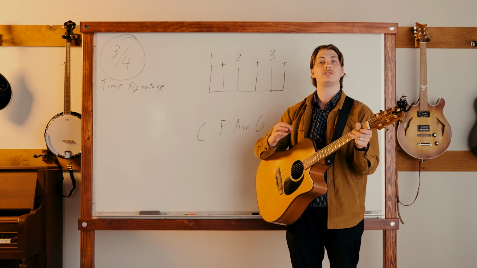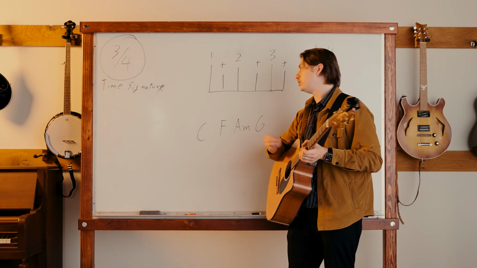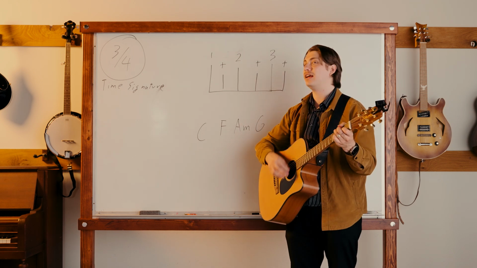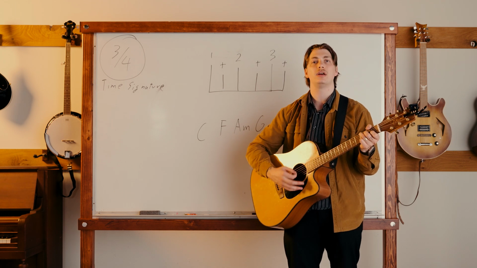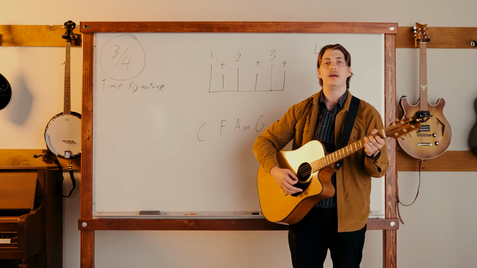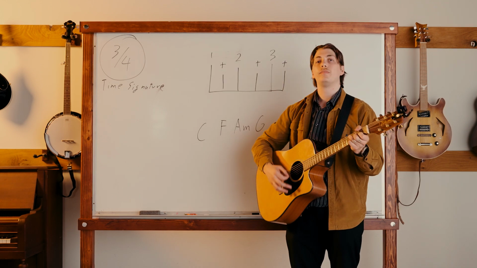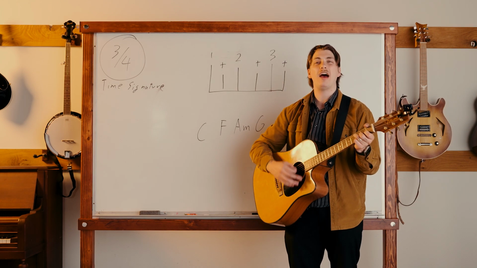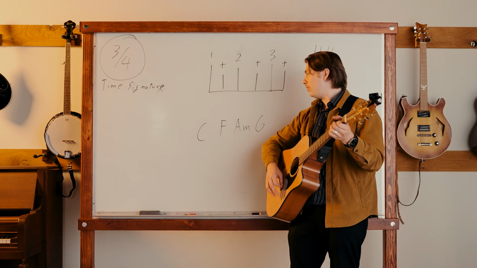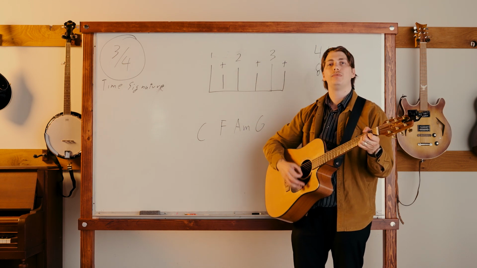Ready? Let's start with C. We'll go 1 and 2 and 3 and C. Hold it for 2 measures. 3, 1, 2, 3, 1, 2, 3, 1. We're on F, 2, 3, and then A minor, 2, 3.